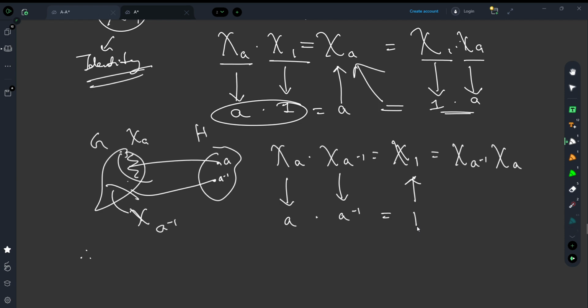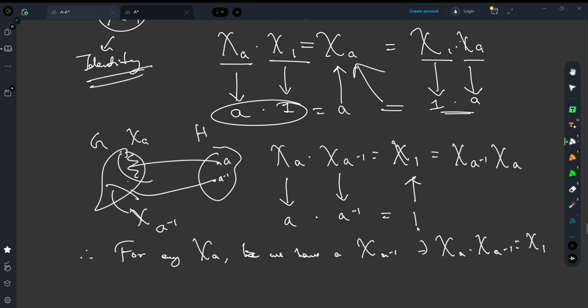So therefore for every chi of A, we have a chi of A inverse such that chi of A dot chi of A inverse is chi of 1, which is identity, and this is exactly similar to chi of A inverse dot chi of A. Thus, if I consider the set which contains these fibers, it is indeed a group with this operation, right? Also, each of these fibers partition G as well, right? Clear?